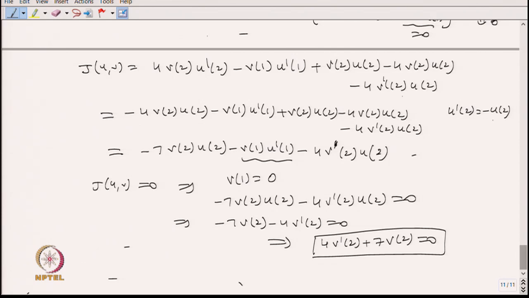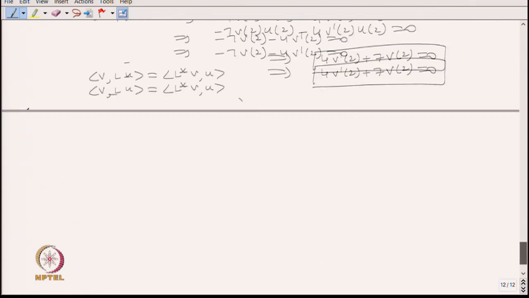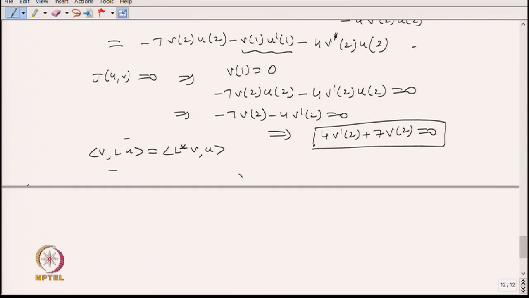So, from here I get that the inner product of v and Lu is equal to that of L star v and u, right.